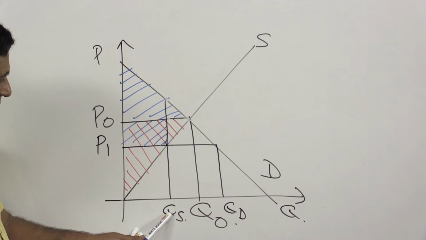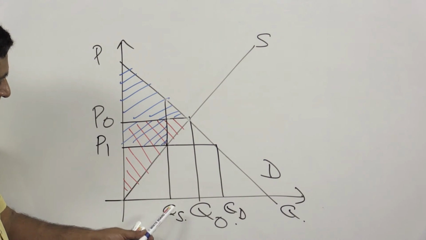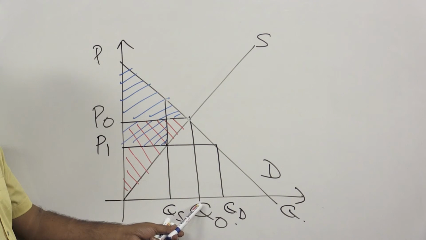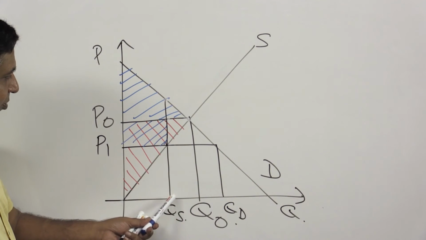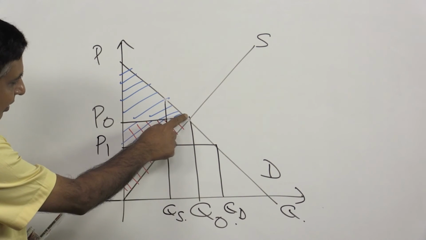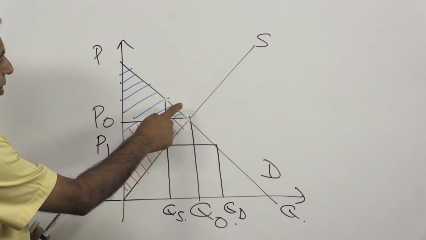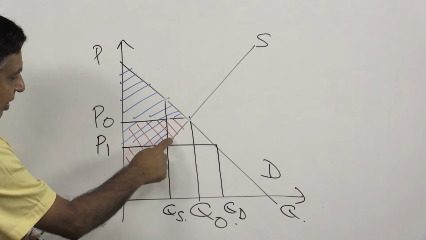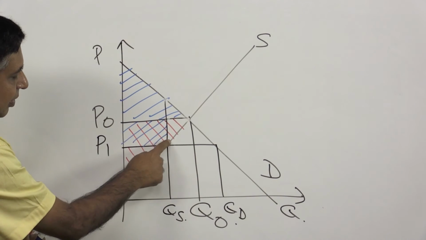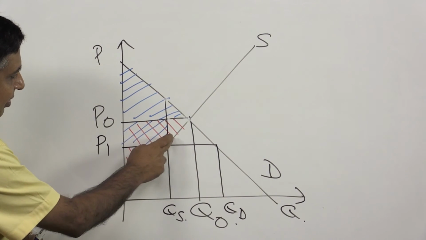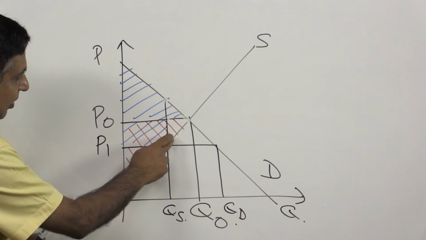What has happened? Now the quantity bought and sold is lower than the equilibrium quantity. So there are people out here who would have been willing to rent apartments at this price, and there are sellers out here who would have been willing to provide apartments for rent at this price.